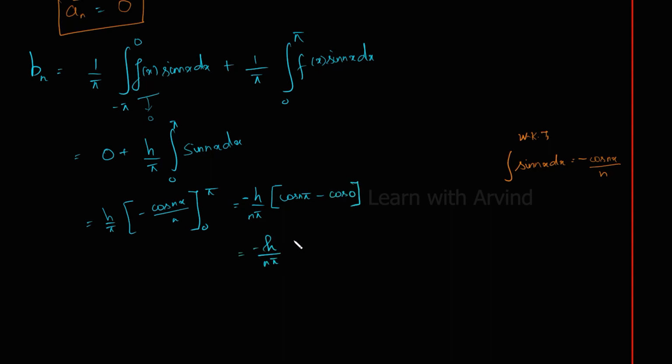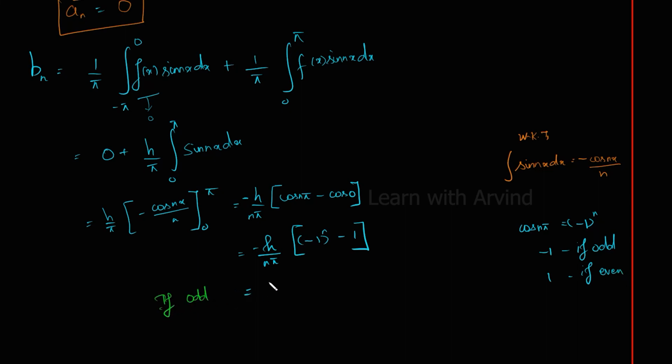Since cos n pi is equal to minus 1 power n, and minus cos 0 is equal to 1. Cos n pi is equal to minus 1 power n. It is minus 1 if n is odd and plus 1 if n is even.